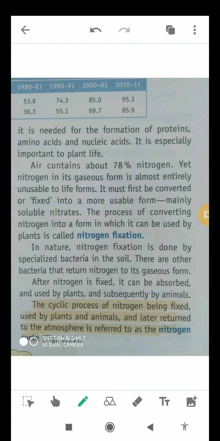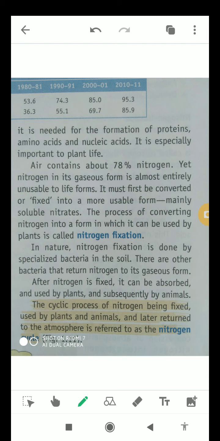So first of all, it must be converted or fixed into a more usable form, mainly soluble nitrates. The process of converting nitrogen into a form in which it can be used by the plants is called nitrogen fixation.